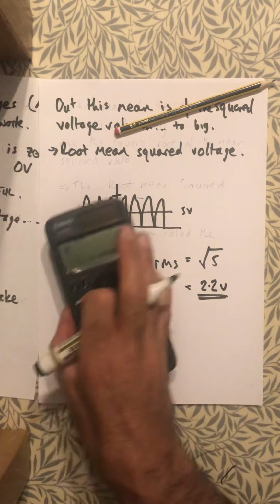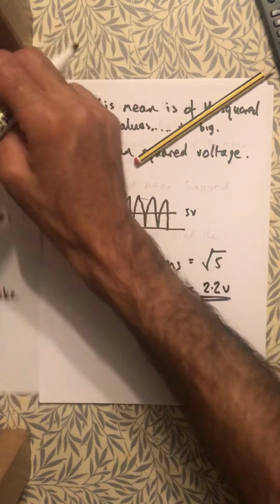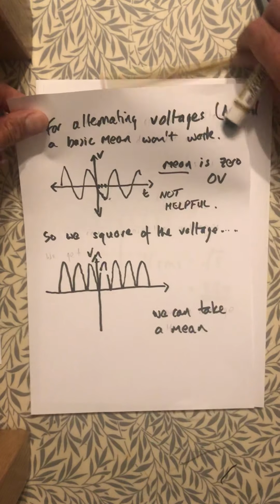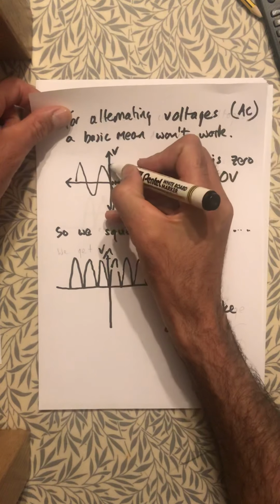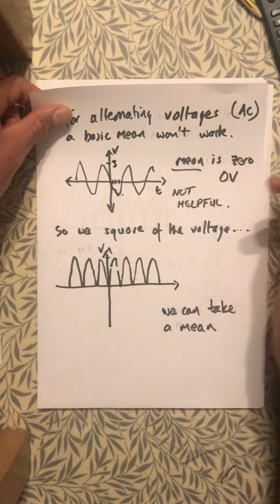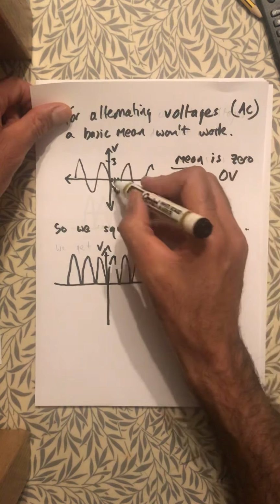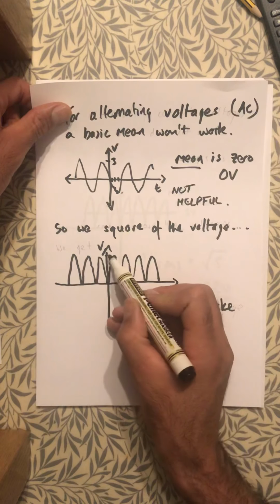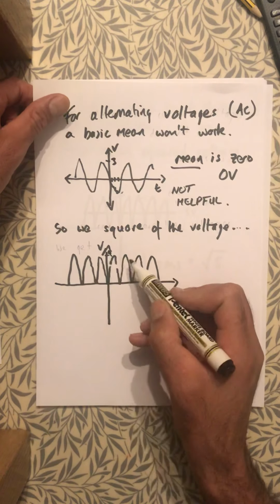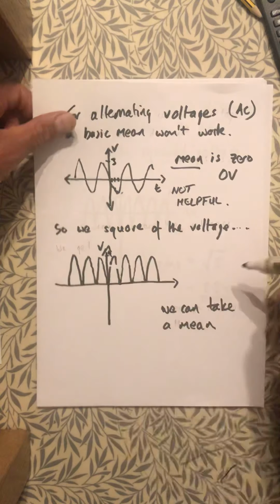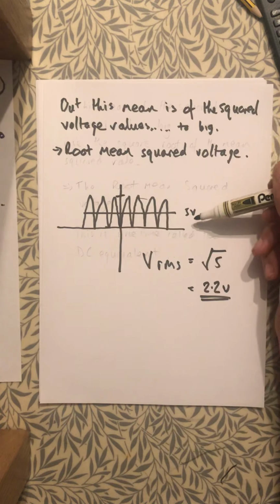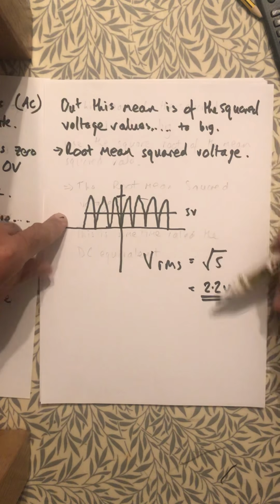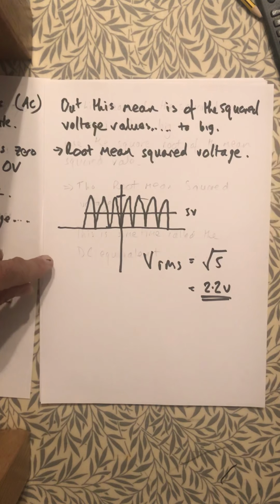So going back to my first function, where I was kind of saying, well, these peaks are at about 3 volts, and I've worked out some values and I've decided to square it, so now I get peaks that are at 9 volts, 3 squared, and now I've taken a mean of that, which I've estimated to be about 5, and then I've taken the square root, and that's kind of where I end up.